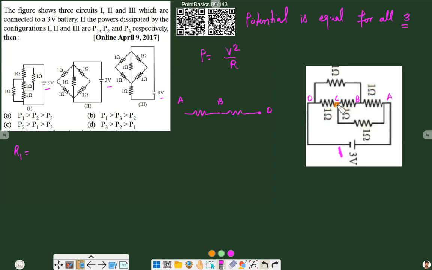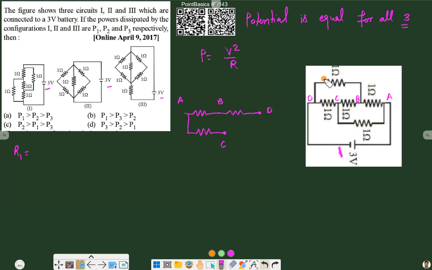Now there is another point, C. Between A and C there is 1 ohm resistance, and from B to D there is 1 ohm resistance.